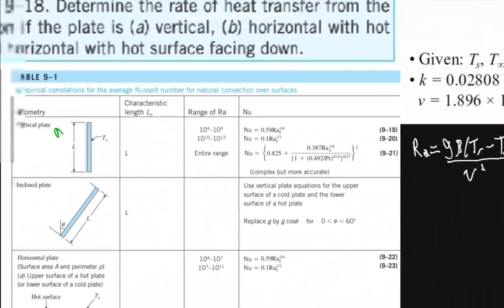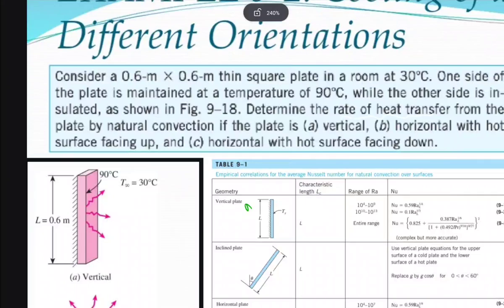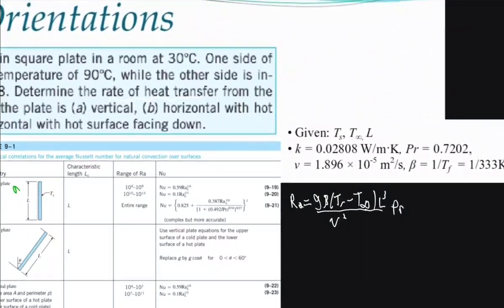And beta, what do we have? It's in a room, so we can assume air. Air is an ideal gas, so we know that beta is just 1 over the film temperature, and make sure that's in Kelvin, 133 degrees.